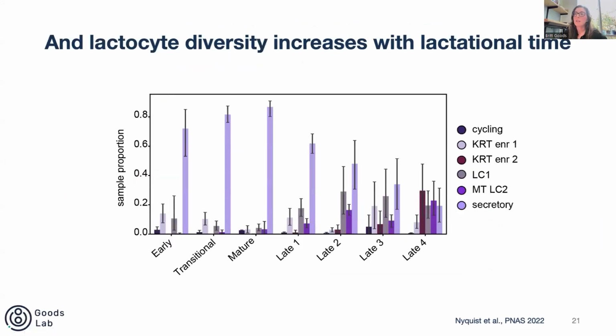We then also looked at the abundance of these cell types over time postpartum, since as I mentioned earlier, that was one of the original goals of the study. I'm not going through everything in that paper, but please check it out if you're interested in looking at more of our data from this study.